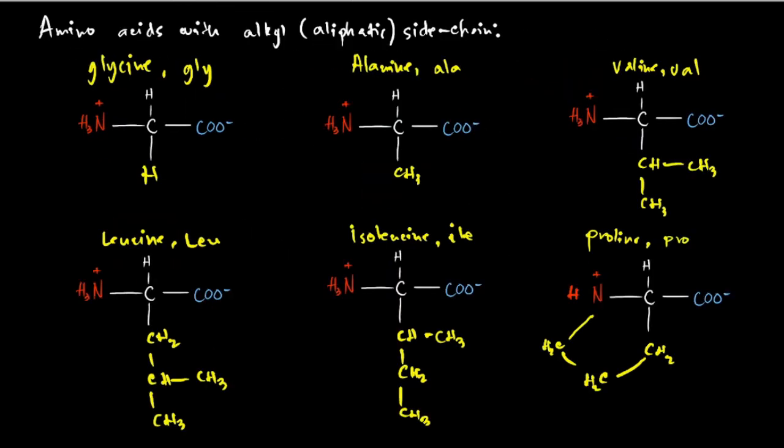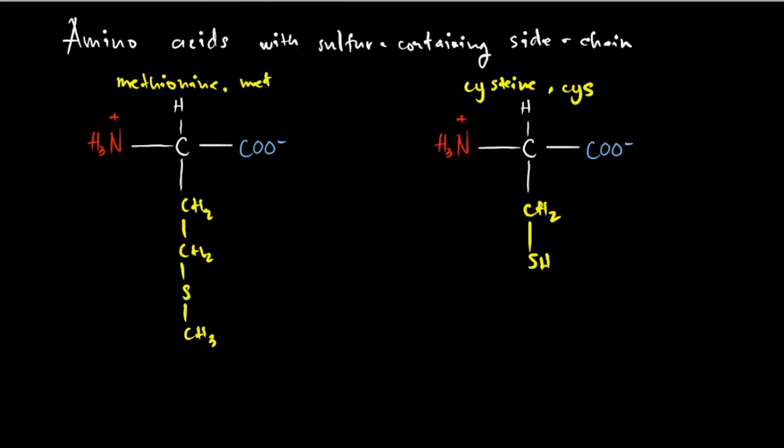So these are the amino acids with aliphatic side chains or alkyl side chains. We have the glycine, alanine, valine, leucine, isoleucine, proline. Okay, these are categorized as non-polar amino acids. And we have your amino acids with sulfur-containing side chains. So we have methionine and cysteine.